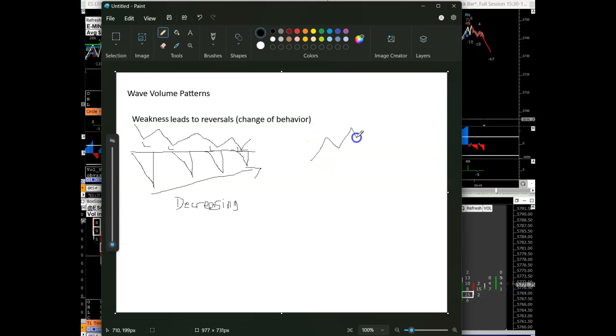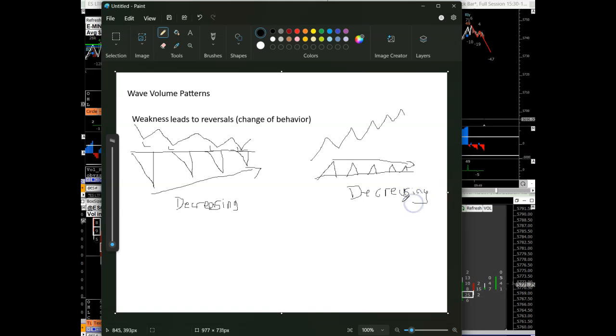And in an uptrend, it looks like that. This is also decreasing, and it's actually more obvious than that.